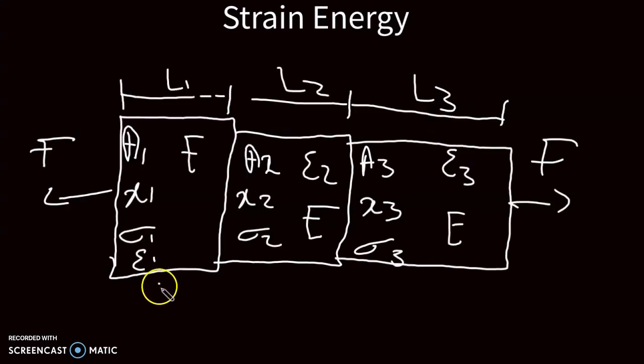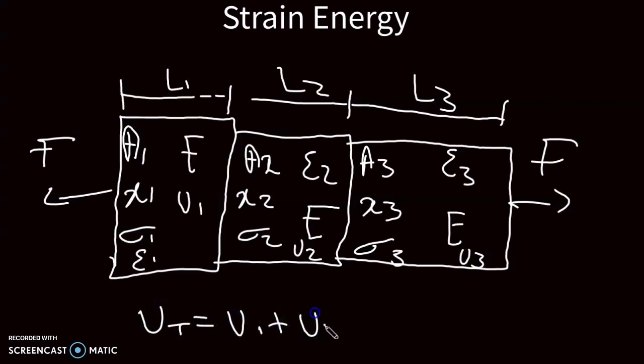Remember, we are having this diagram. So now from the diagram, we're going to add our strain energy. We're going to add strain energy 1 here, which is U1, strain energy 2 here, which is U2, and U3. And our total strain energy will be given by strain energy number 1 plus strain energy number 2 plus strain energy number 3.